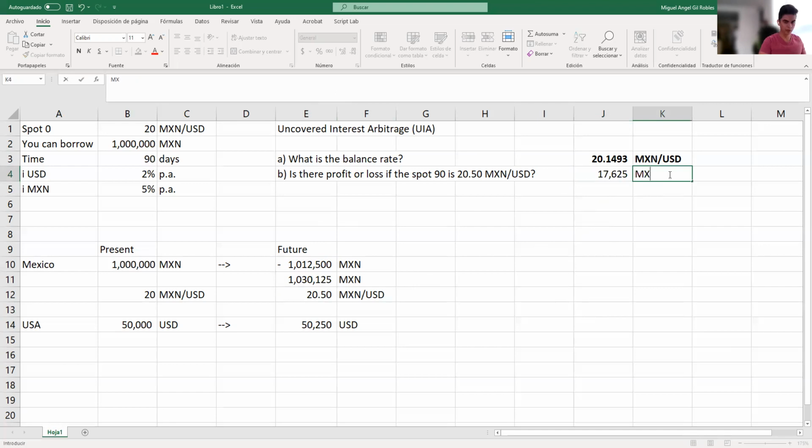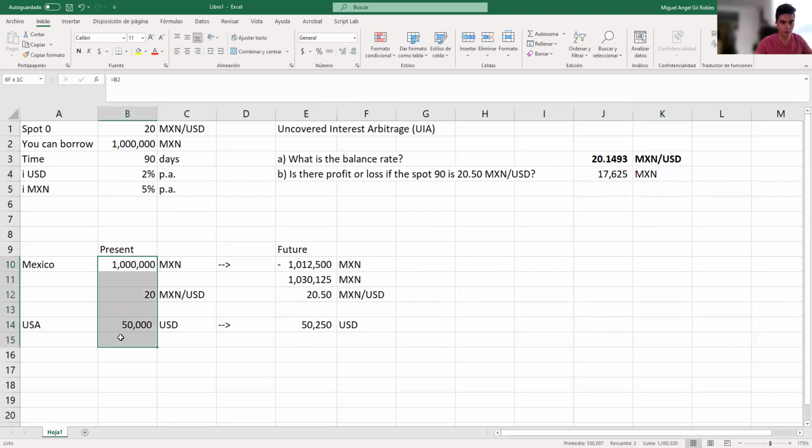And this is pesos. This difference is the difference between doing the strategy and coming back, assuming a spot rate of 20.50, and then that difference with the amount of money that you have to pay in Mexico.